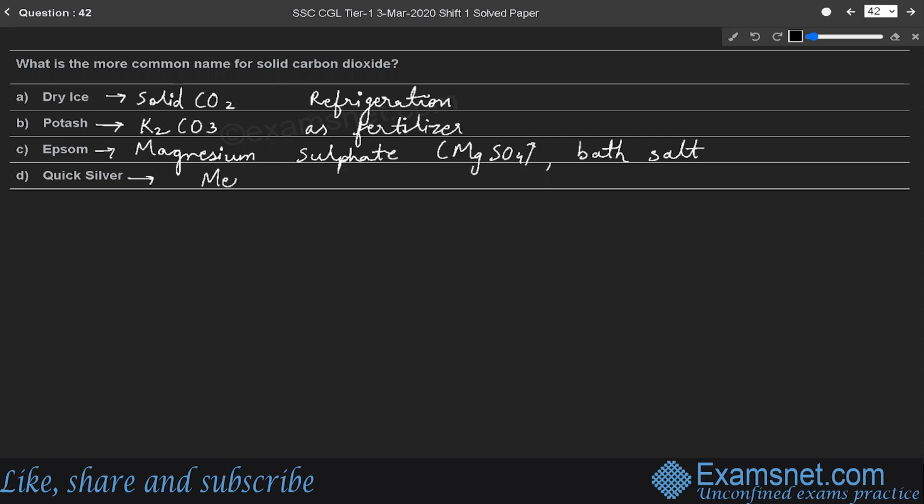Quicksilver is mercury, which is Hg, and it is the only metal which is liquid at room temperature. It is the main component in dental amalgams, and mercury is also used in thermometers and barometers. So for this question, we have to find the common name for solid carbon dioxide. We can see that solid CO2 is dry ice. So dry ice is also known as solid CO2. Therefore, for this question, the correct option will be option A. I hope you are clear with this question.